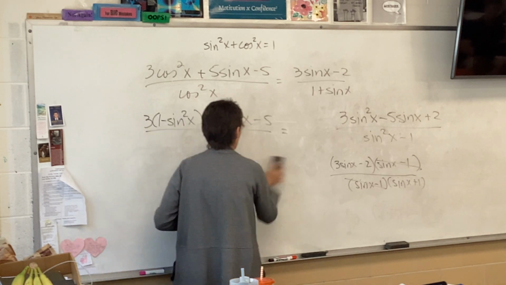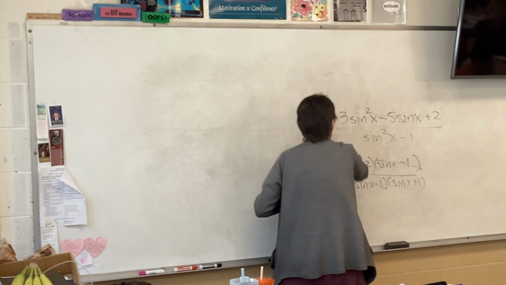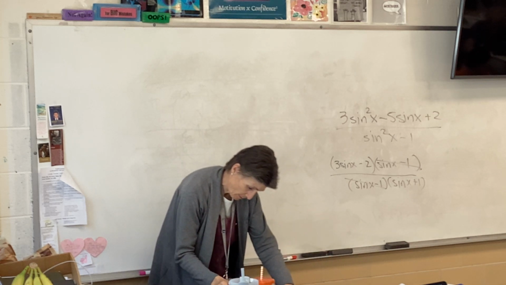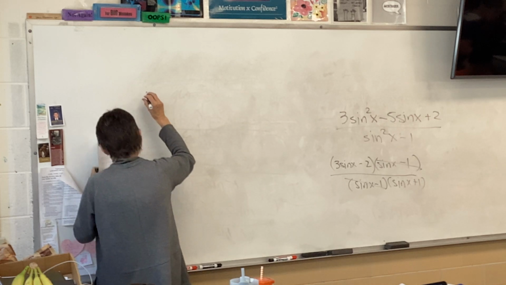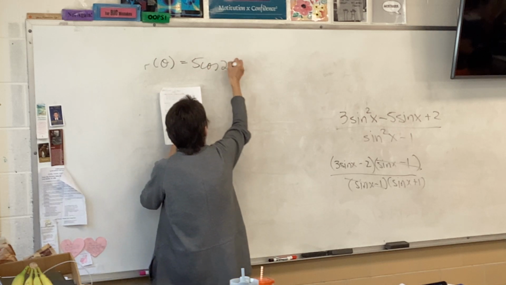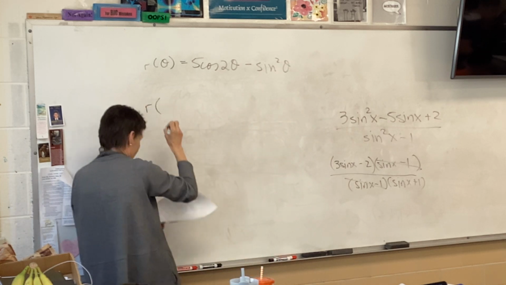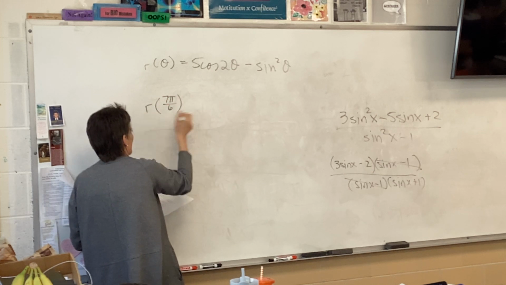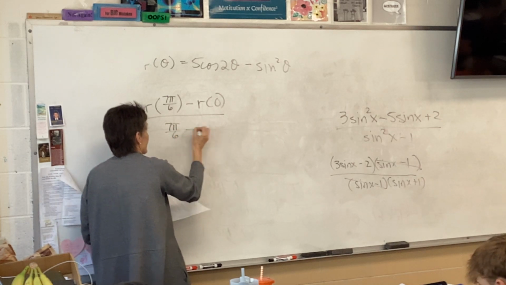Who else found something that we need to do? Xander? Could you go through 8, please? 8. Find the average rate of change. Okay, so remember, your average rate of change over the interval 0 to 7 pi over 6 is going to be r of 7 pi over 6 minus r of 0, over 7 pi over 6 minus 0.